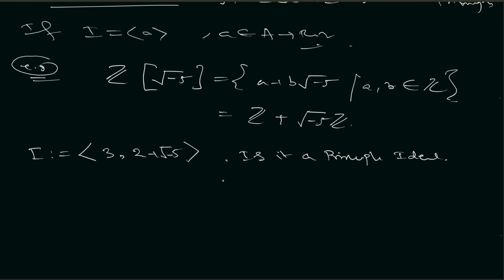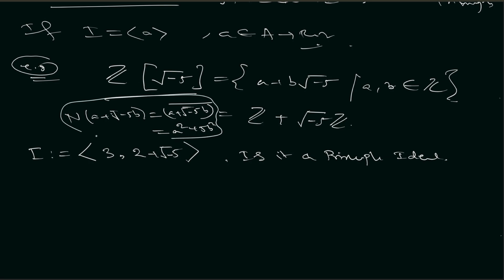So I have to define some norm in this ring. The norm of a plus b√-5 is (a plus b√-5) times its conjugate, that means a squared plus 5b squared.